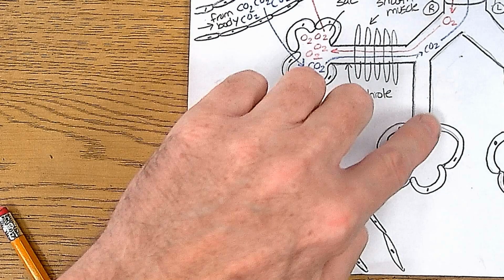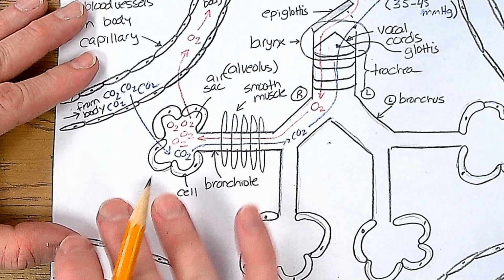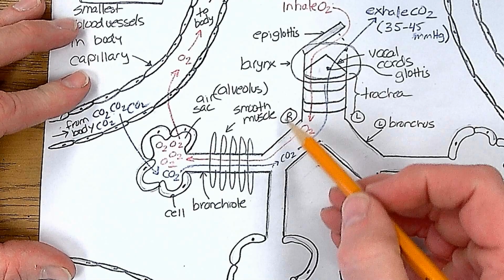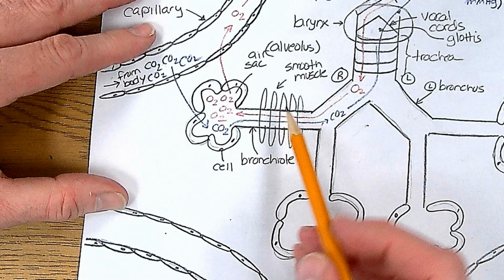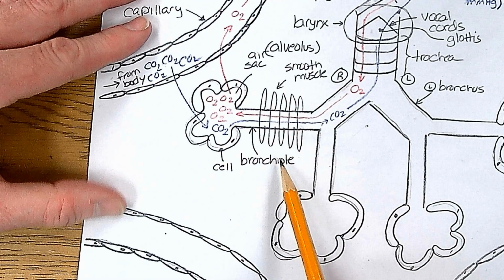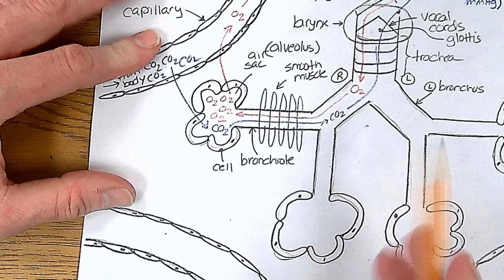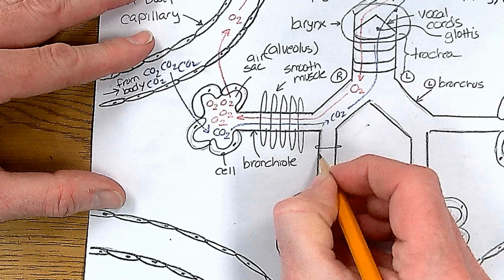Okay, so now let's take a look at a pathology down here on the bottom left of your paper. So this is the right lung, so bottom right lung, okay? Over here in the normal gas exchange process, the smooth muscle is relaxed, okay? In this case, however, let's make the smooth muscle constricted.